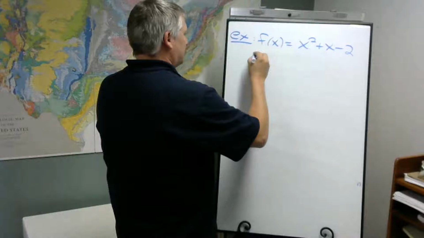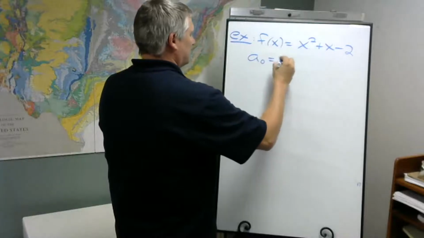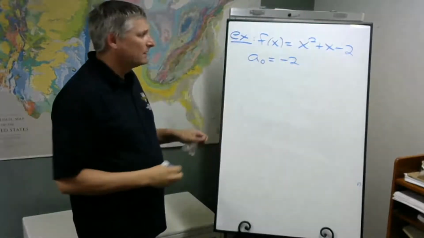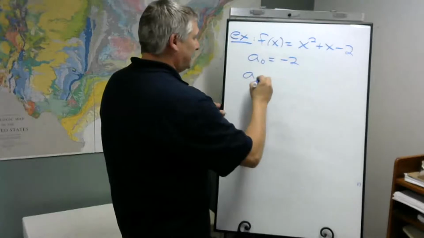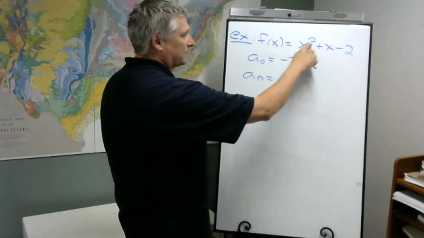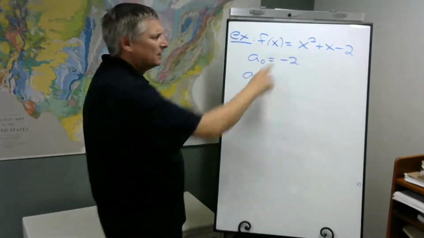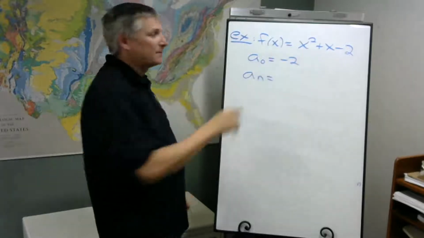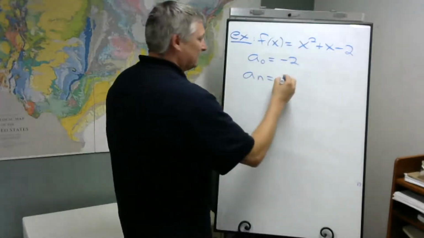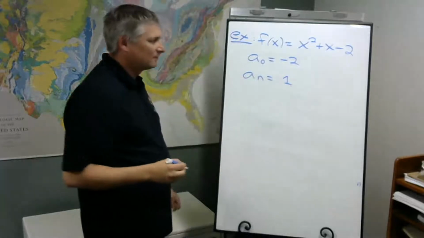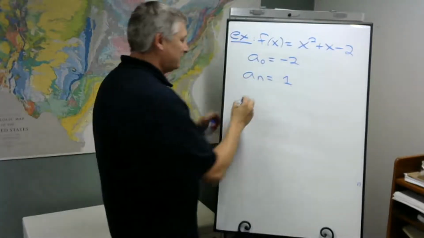So a sub 0 in this case is -2. A sub n, or the lead coefficient, well, this is the lead term, it has the highest power. Its coefficient is 1. Don't forget there's that invisible 1 there. So we've got this.